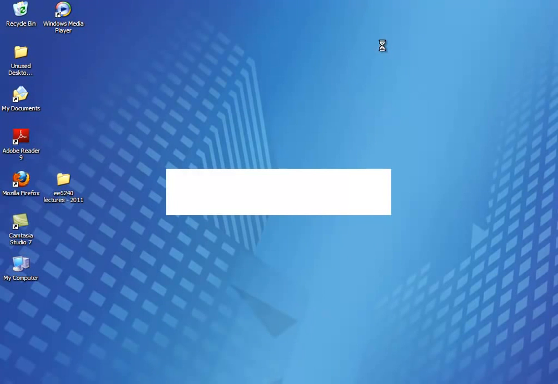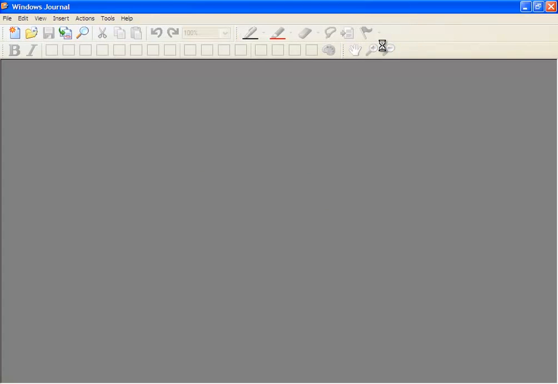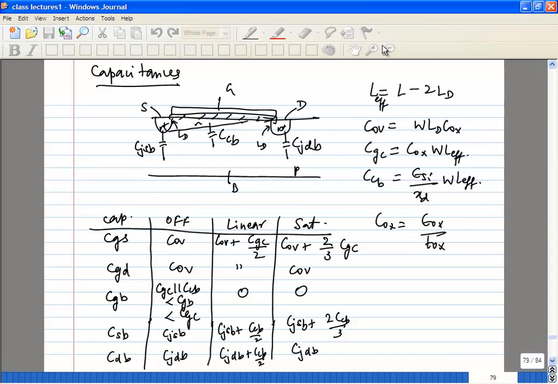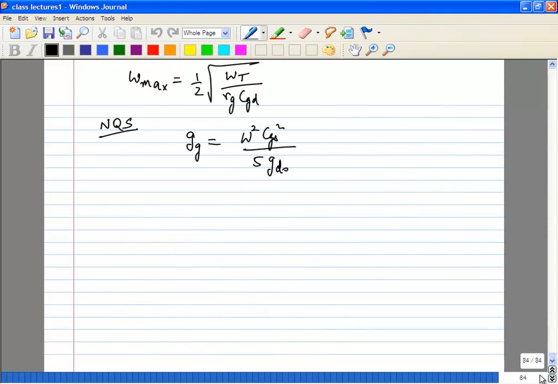You scale all the dimensions by alpha, and you scale all the voltages by alpha, so your VDD and your threshold voltages. And to keep other things working properly, you also scale up the doping levels by alpha.